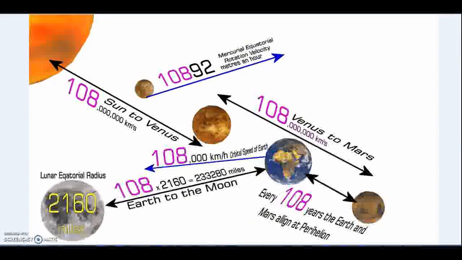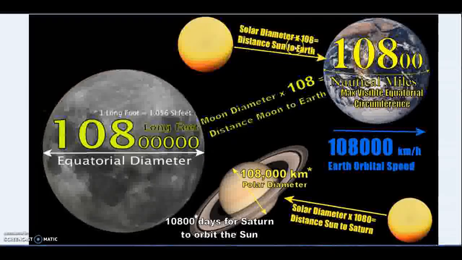108 in the solar system carries on. We already showed 108 times the diameter of the moon is the distance from the moon to the Earth, very, very close to being spot on to the average, because of elliptical orbits these things always change a bit.